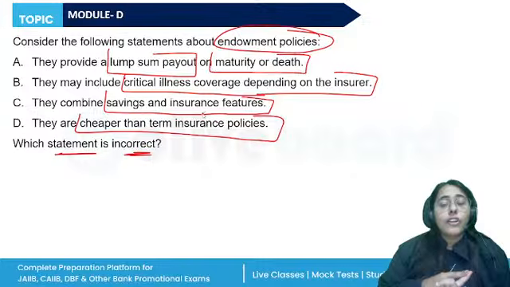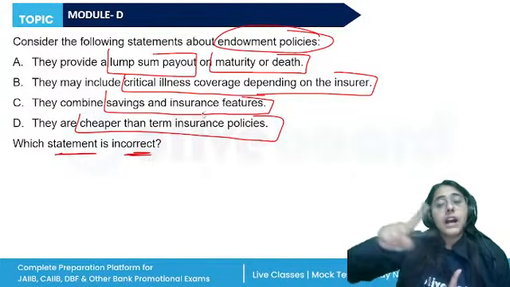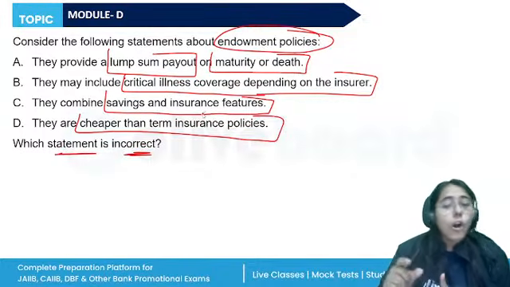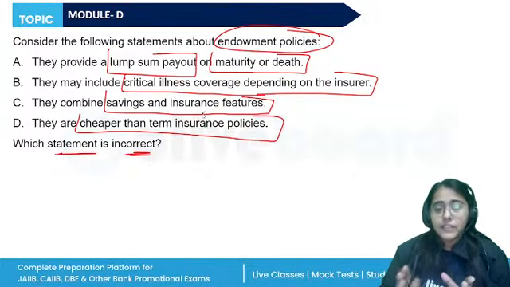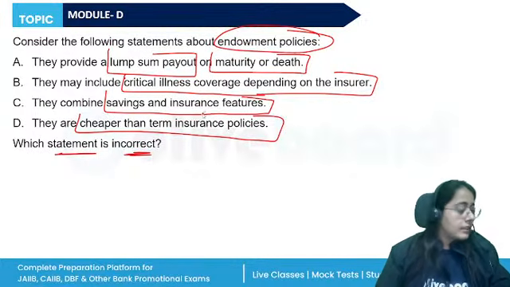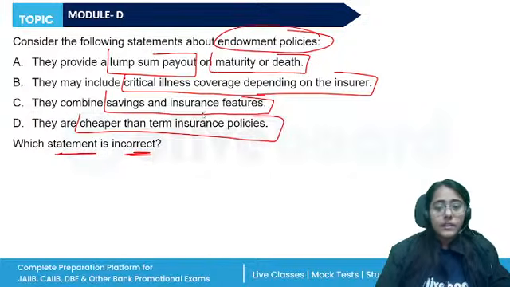It is designed to pay a lump sum after a specific term, on maturity or on death, like 10 years, 15 years, 20 years, right? So the endowment policy includes a lump sum payment.